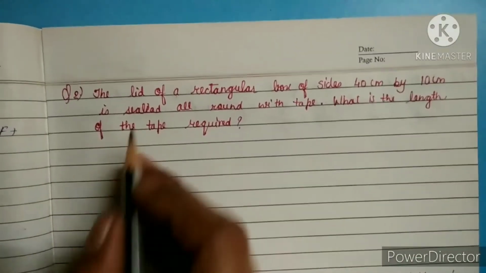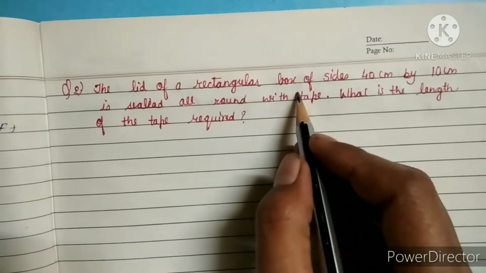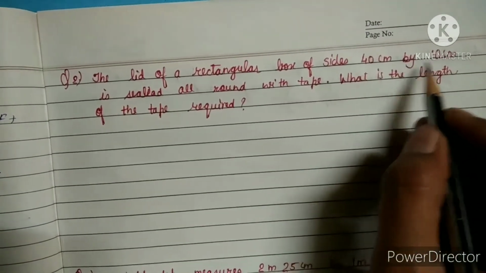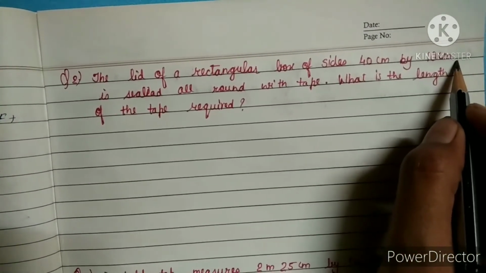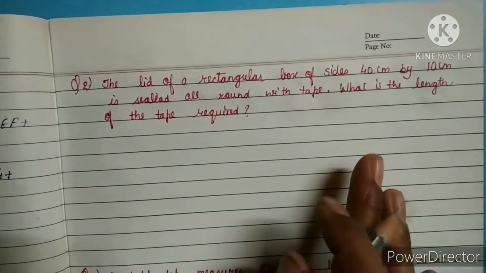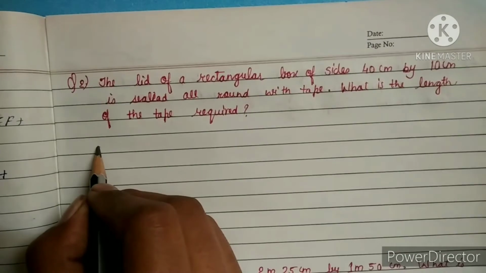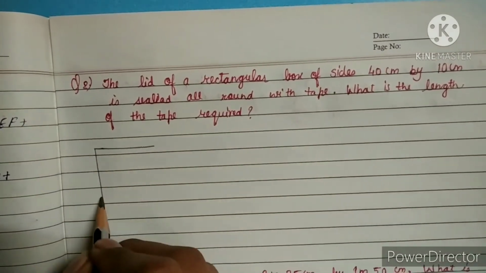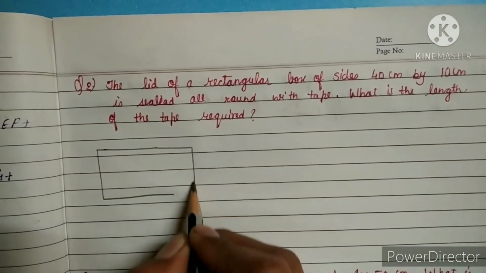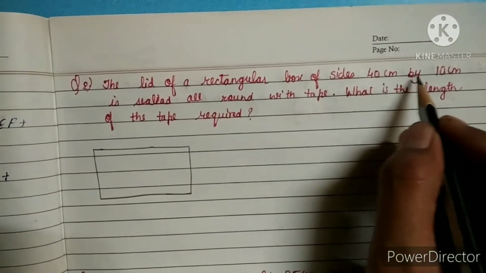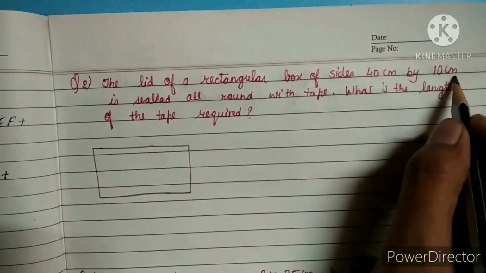Question number 2 is: the lid of a rectangular box of side 40 centimeter by 10 centimeter. It means the box lid, where the box is closing, has a rectangular shape of side 40 centimeter by 10 centimeter.